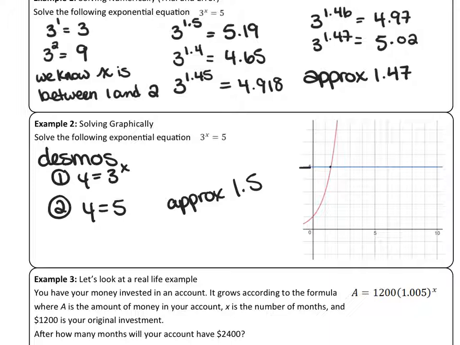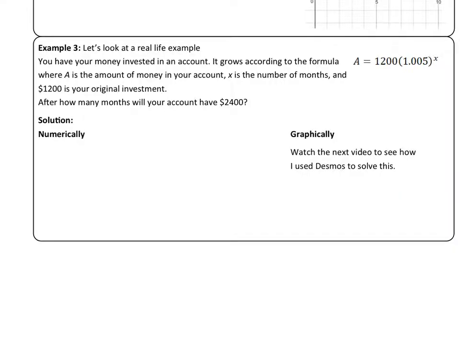Notice how our approximation off the graph is really close to our approximation when we did it by trial and error. Trial and error can take a little bit longer to do, but it can be a little bit more accurate than just following the graph. Depends on how you want to do it.